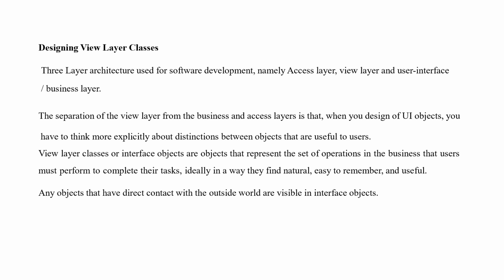The user interaction may represent the set of operations in a business that users must perform to complete the task. These are the designing of the view layer process and the direct contact with the outside world or visible interface objects.